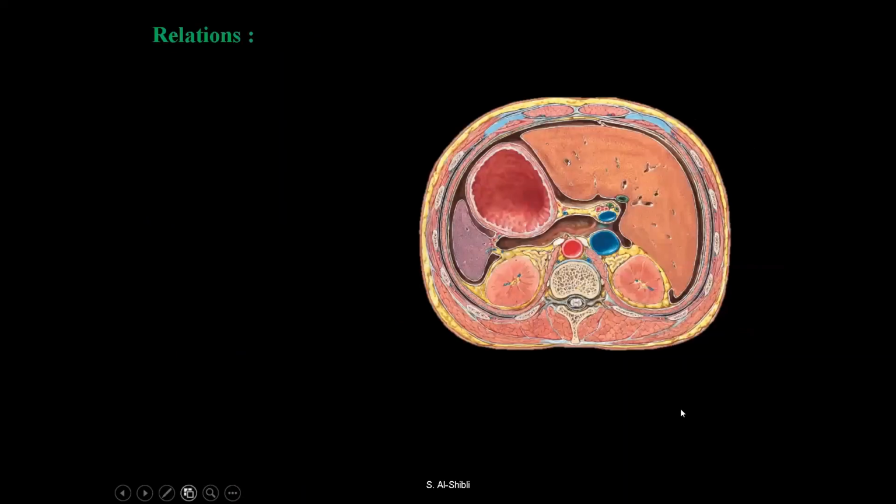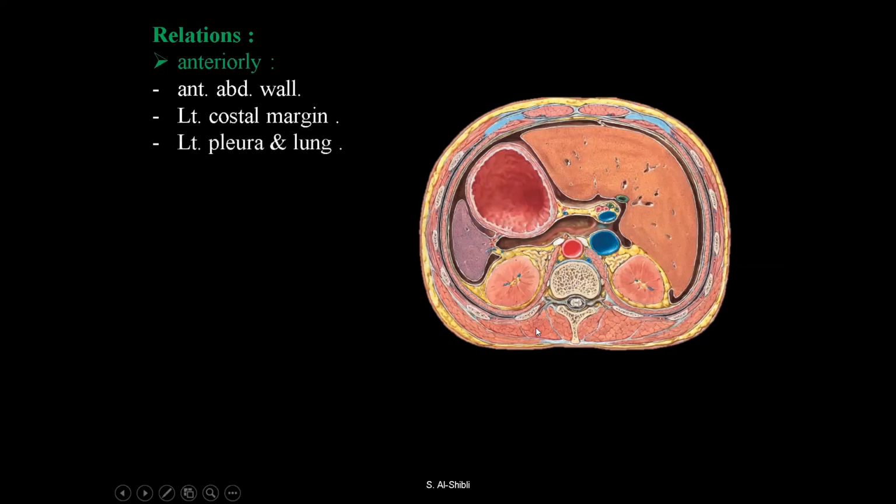Okay. The stomach, where is the stomach? Here is the stomach. I do love this slide because it can explain everything in the abdomen. As you see, anteriorly to the stomach, we have the anterior abdominal wall, the left costal margin, the left pleura and lung, also the diaphragm, and the left lobe of the liver, because the liver is so huge, it is not only on the right side, but it can also reach the left.